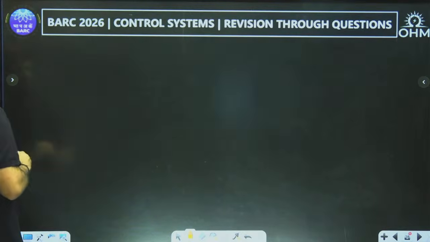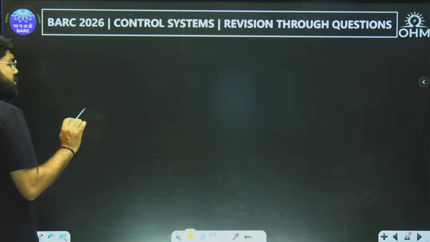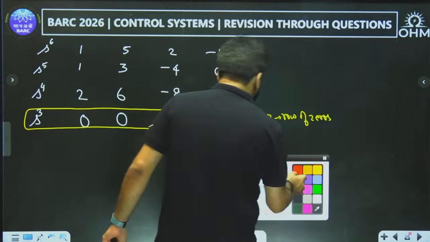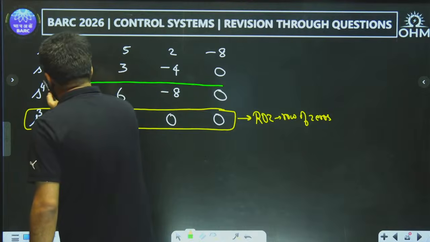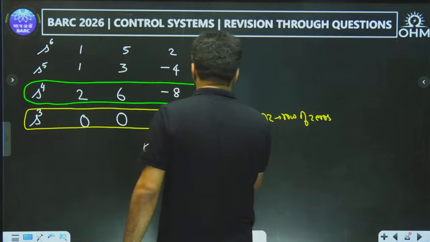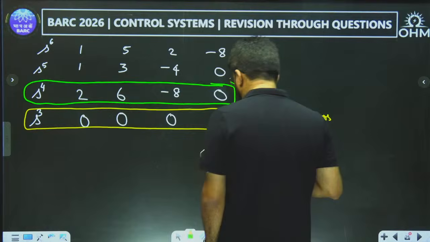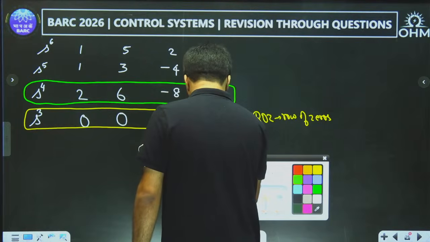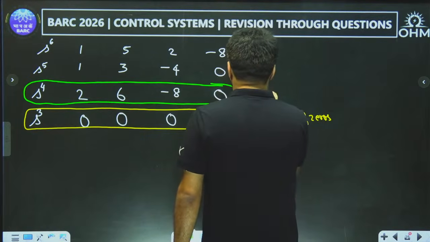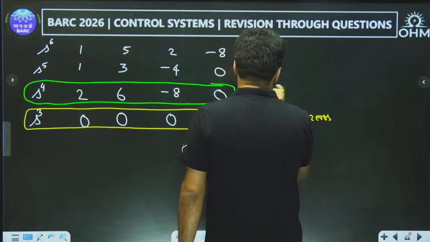Now, let me first make the auxiliary equation. The auxiliary equation is made by using the coefficients of the row above the row of 0. So I go to this row which is above the row of 0, and I make the auxiliary equation. What is that auxiliary equation?